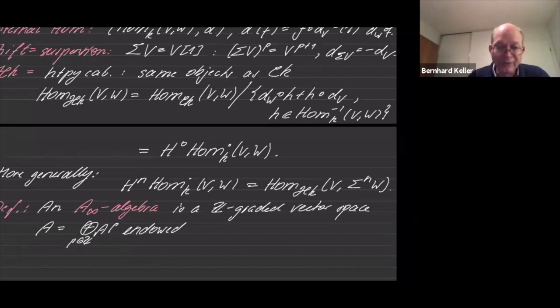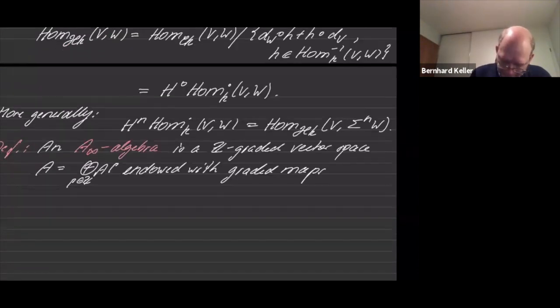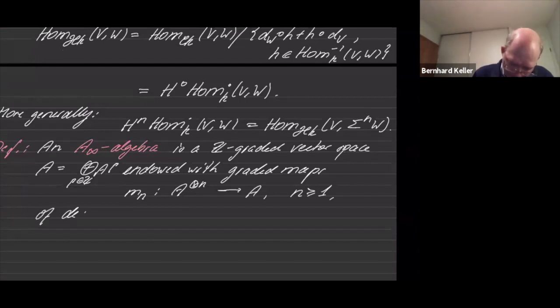And these are homogeneous graded maps m_n from the nth tensor power of A to A, defined for n at least 1. So they are homogeneous of degree 2 minus n.